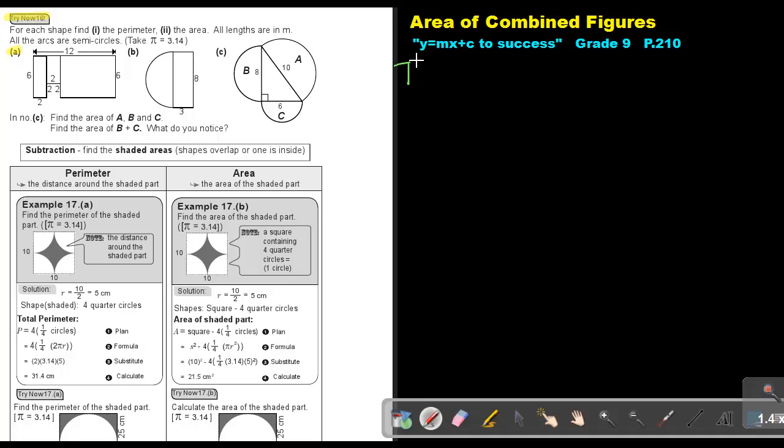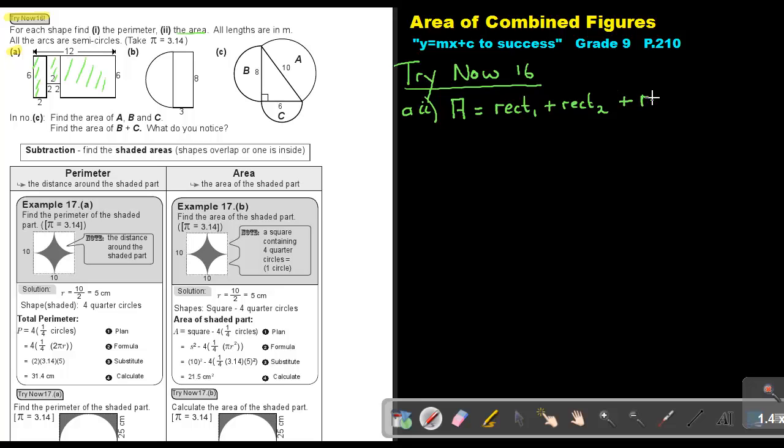Okay, let's start. Try now 16. And I'm going to look now just at the area. So if I look at the second one, which will be the area, I'm going to say, to find the area of that combined figure, this is a rectangle, so let's call it rectangle 1, plus the area of rectangle 2, plus the area of rectangle 3.